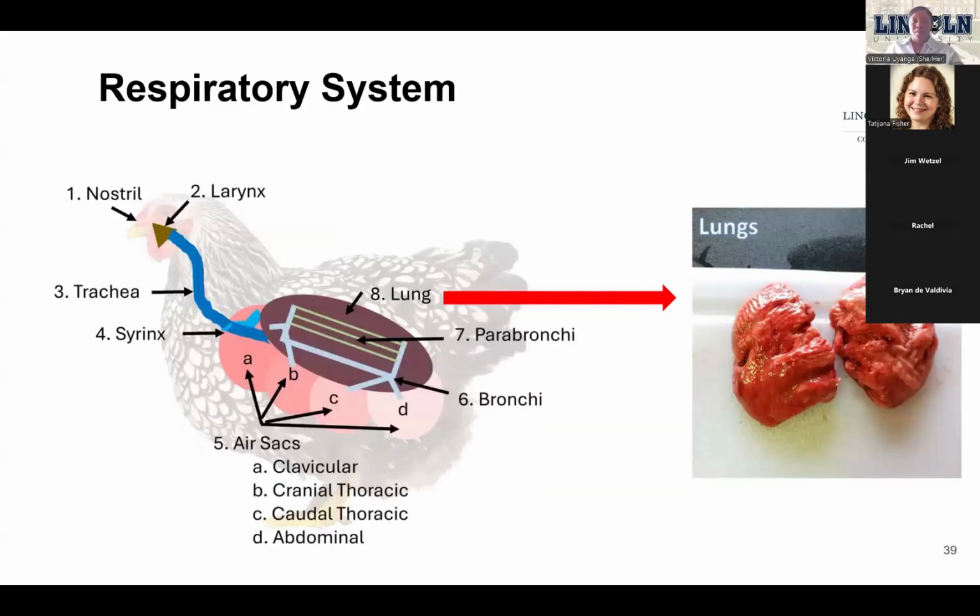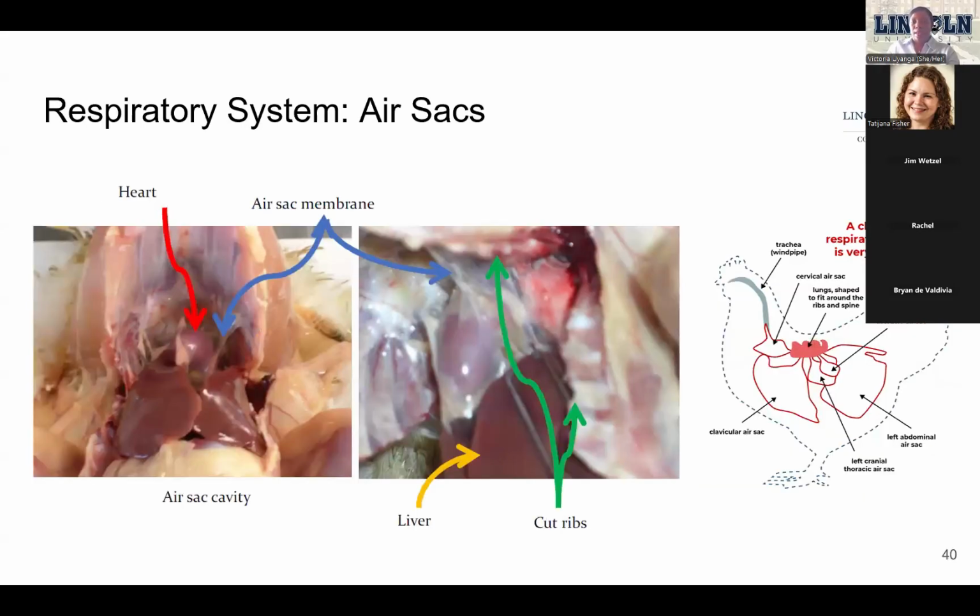The respiratory system is also a bit similar because you have the lungs, but it's vastly different. Because unlike your mammals, your birds lack the diaphragm, which inflates and deflates the lungs. However, what they have is the air sacs. They have about 9 air sacs, or 7 to 9, and these support oxygen delivery.